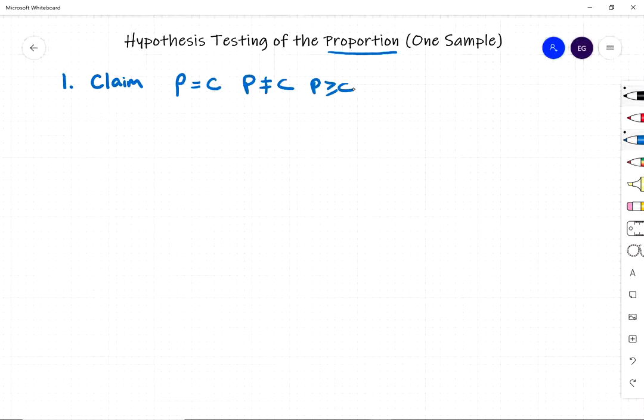Remember, proportions deal with percentages, so the only available values are between 0 and 1, or 0% and 100%. So C is going to be between 0 and 1. Then proportion is strictly greater than some number, proportion is less than or equal to some number, and proportion is strictly less than some number.